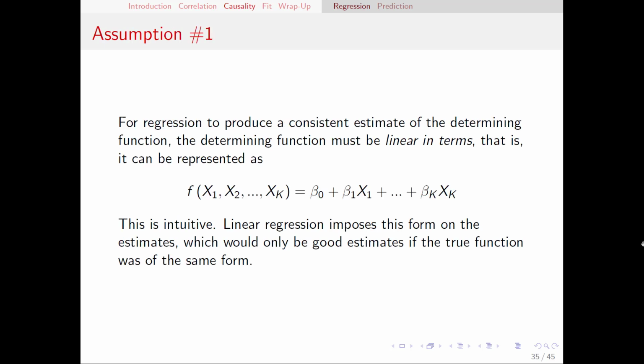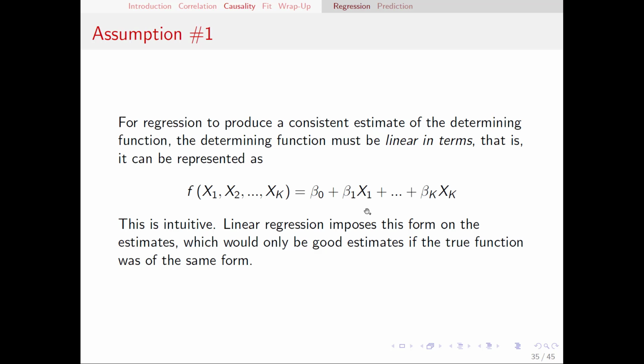The first assumption that we have to make in order to interpret a regression causally is that our data generating process has to be linear in terms. That is basically saying that the determining function looks like a regression. We have our beta naught plus beta 1x1 plus beta 2x2 and so on.